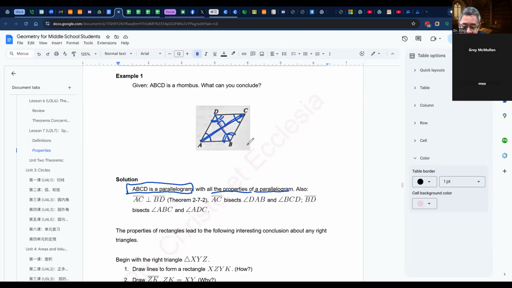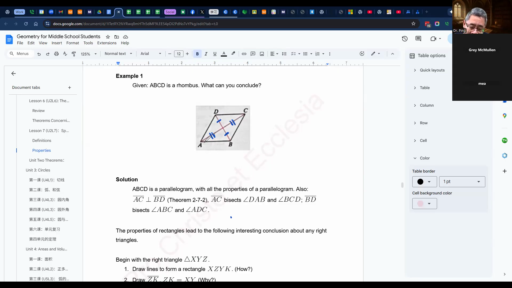And actually we can go further on this one. We can even prove this side is congruent to this side, and this side is congruent to that side.